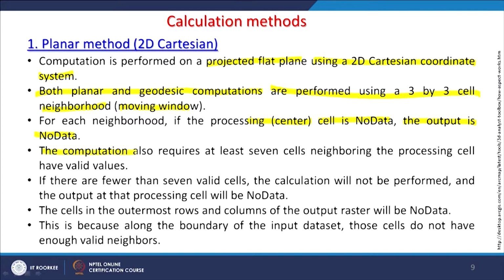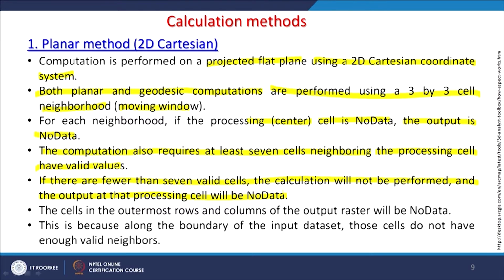Further, the computation requires at least 7 cells, including the processing cell, to have valid values. So, at least 7 cells must be there. If you have fewer than 7 cells, meaning more than one no data, then calculation is not possible. The calculation will not be performed, and that processing cell will be no data.